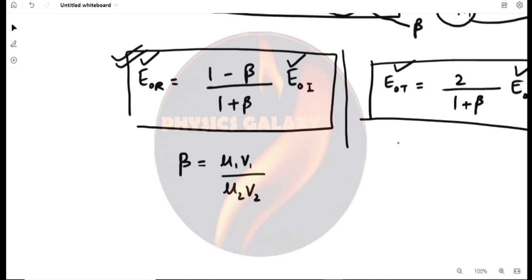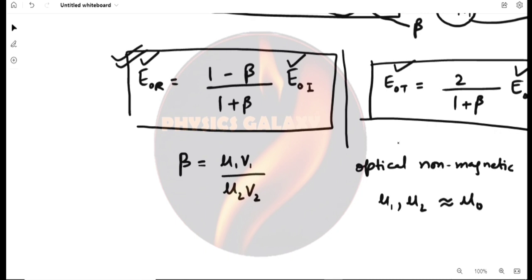Now one thing you have to always remember is that for most optical non-magnetic materials, you'll find that mu1 and mu2 are almost equal to mu naught. There is no large difference.